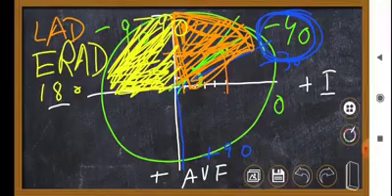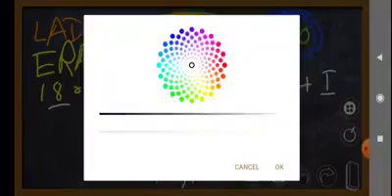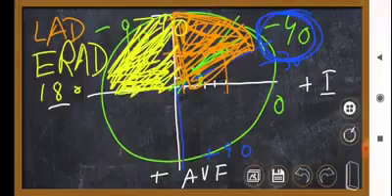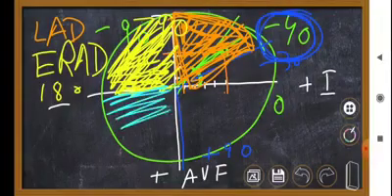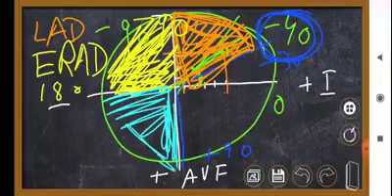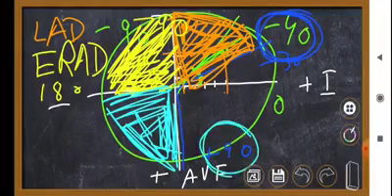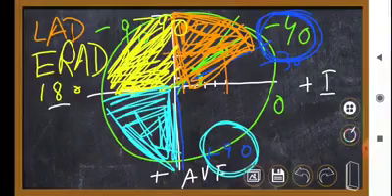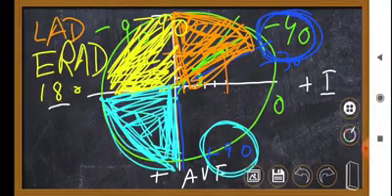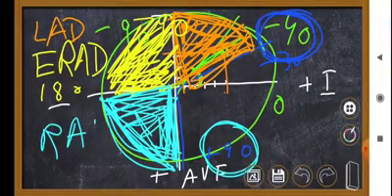And similarly, the axis that falls here in this quadrant, that is more positive than plus 90 to 180, in this area, this axis will be called right axis or right axis deviation.